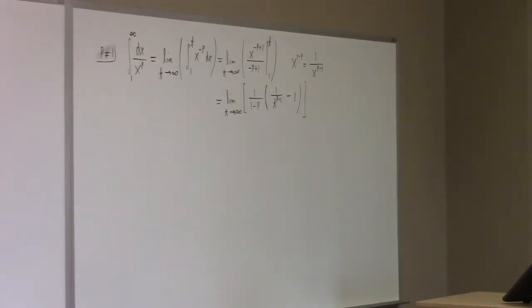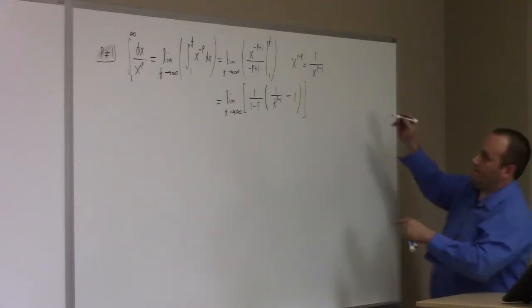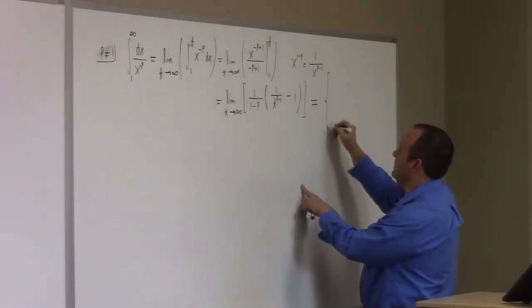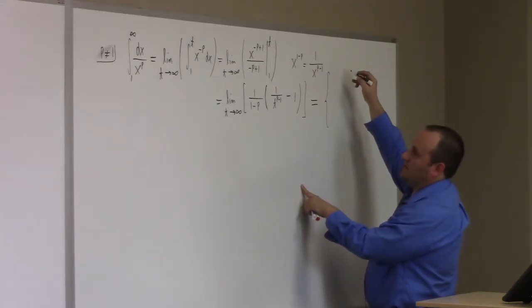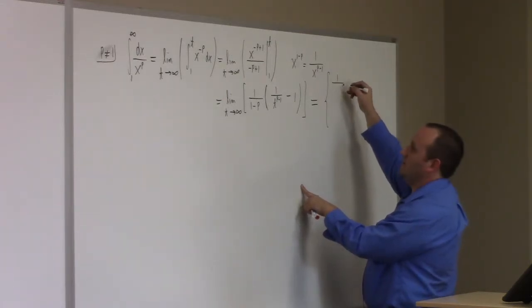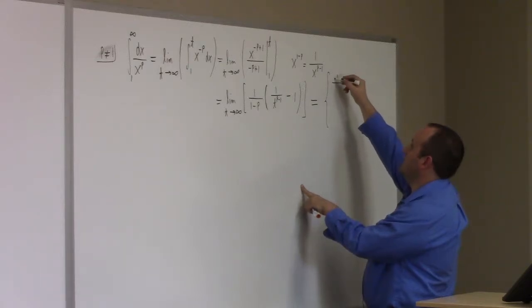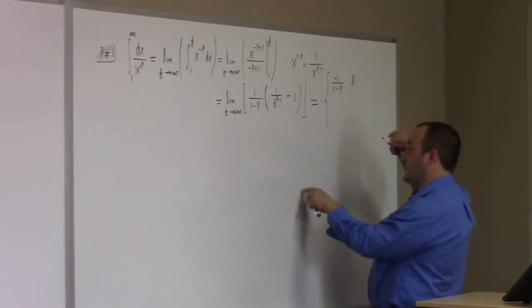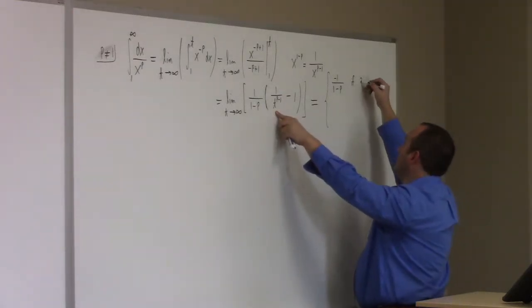So how does that limit work out? There are cases to consider, right? This is going to be equal to minus 1 over 1 minus p if what? How can I make this go to 0? I just need p what?